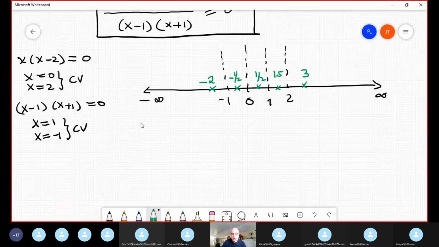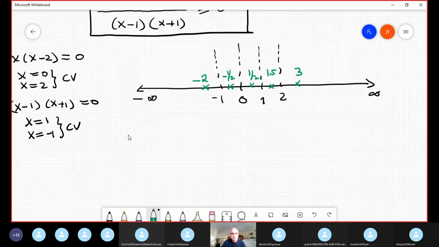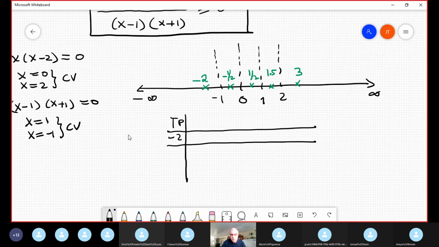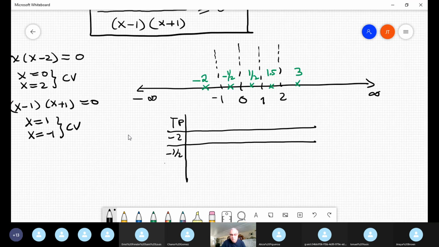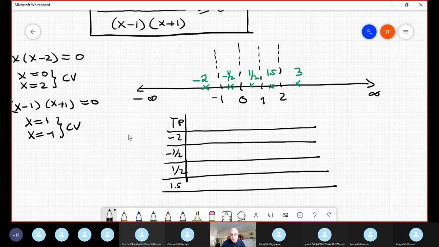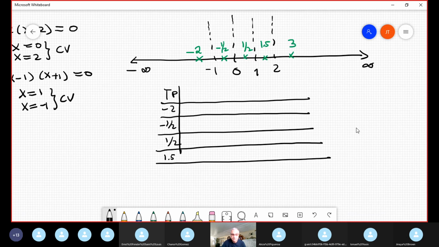After the selection, I create the chart. The chart is useful because it helps me to evaluate the function in an easy way. You put -2, you put -1/2, you put positive 1/2. We have 5: 1, 2, 3, 4, 5. Wow. 1.5, or 3/2 in fraction if you prefer. And 3 is the fifth testing point.